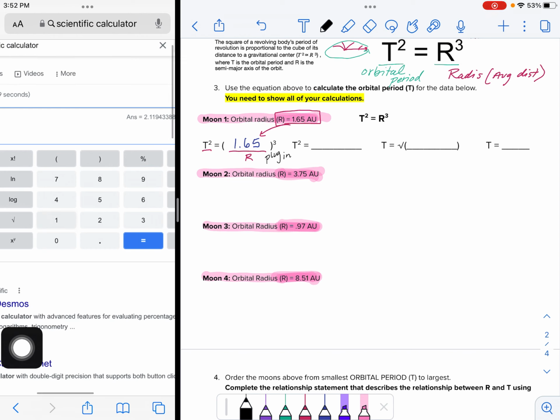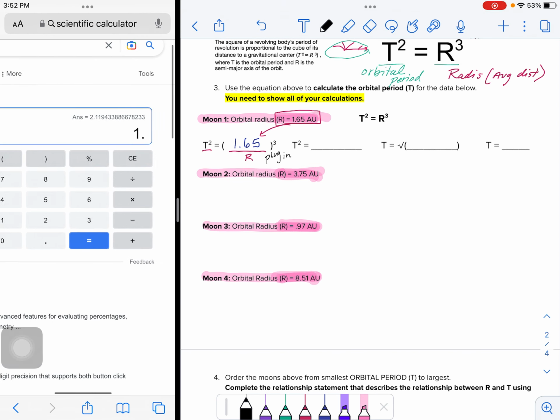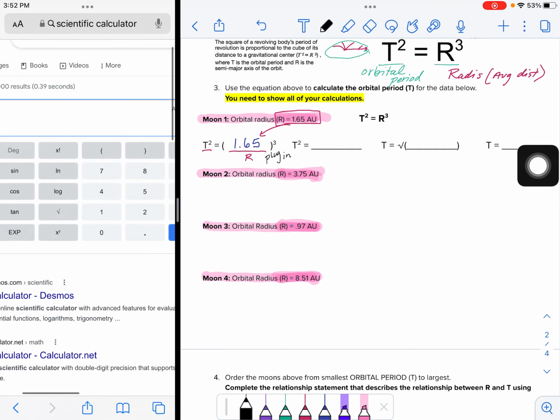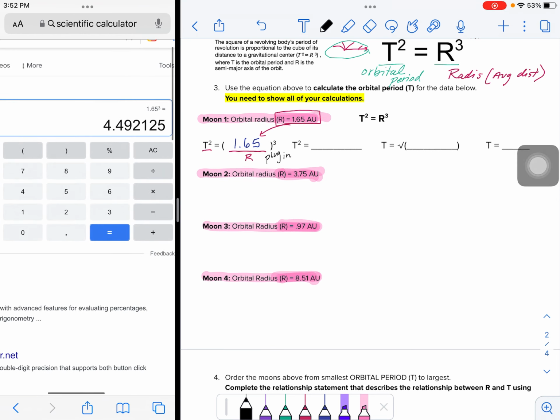So I need 1.65, the number I was given for R, and according to the formula, I need to cube that. So to the power of 3. And I'm sticking with my rounding to 3 decimals. So looking at that fourth decimal as a 1, I don't need to round anything, and I'm all set with 4.492.